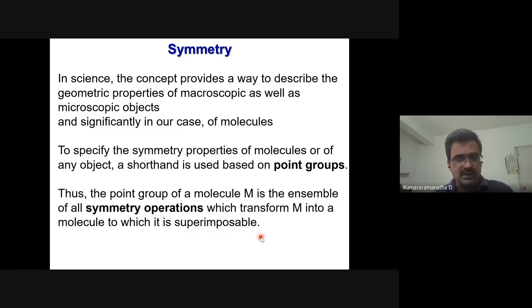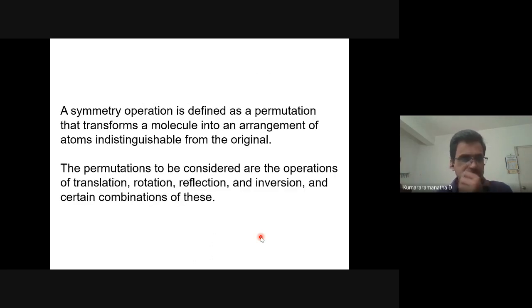Now, let us see what exactly symmetry is all about. As I told you, we can do an inversion, translation, rotation, glide; so many are there, but we will not discuss more.